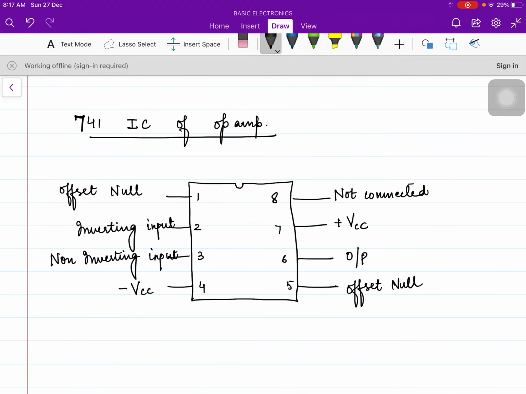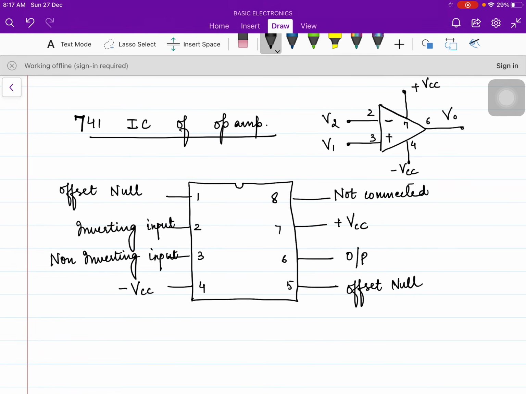So I think you all have seen the inverting and non-inverting input and output, but plus VCC and minus VCC were missing. So I will draw it again. Minus, plus, or you can write plus, minus also, no problem. V1, V2, then V0, ground. So this is pin number 6, this is pin number 2, this is pin number 3, and here we will have minus VCC and plus VCC, which are pin number 4 and pin number 7.